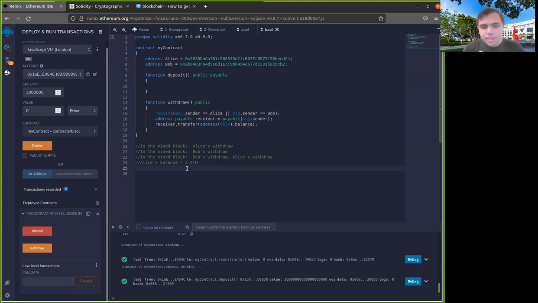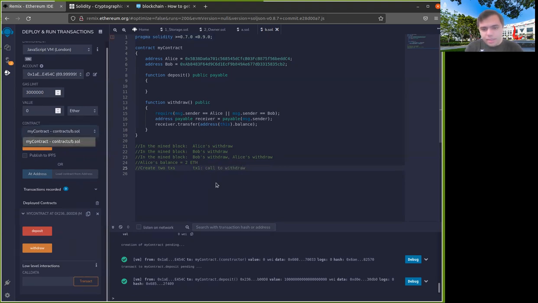So as Alice, what I can do is create two transactions, or two function calls. This is the way it works. My first transaction is just a call to this withdraw.